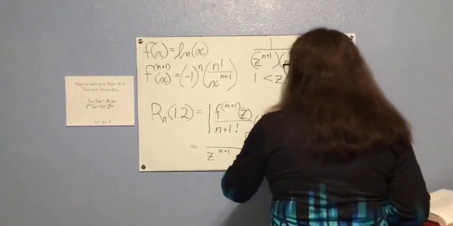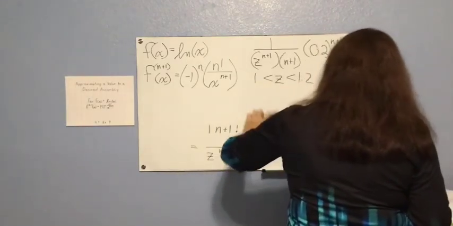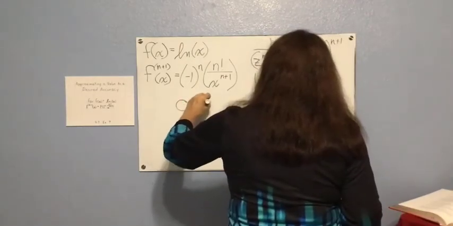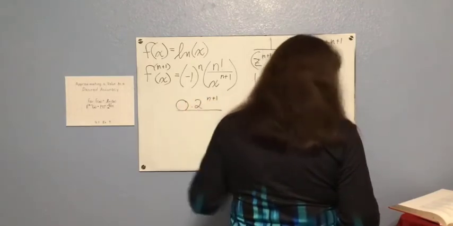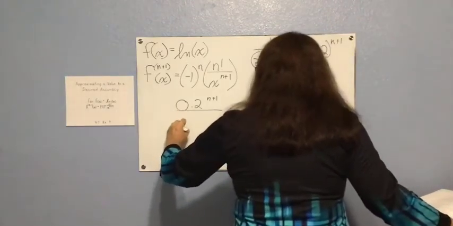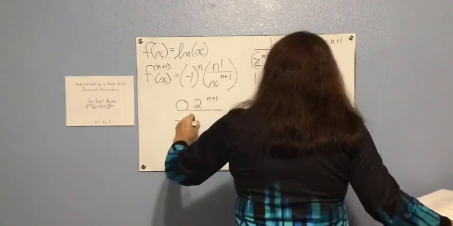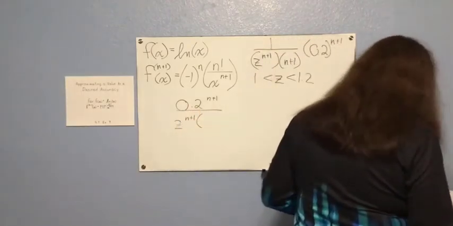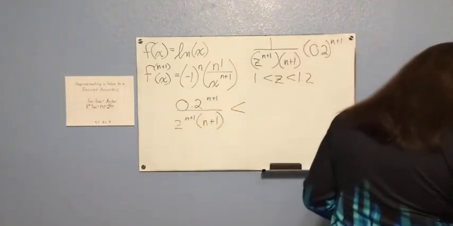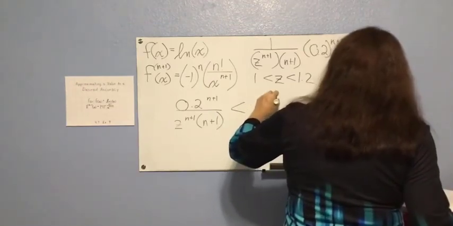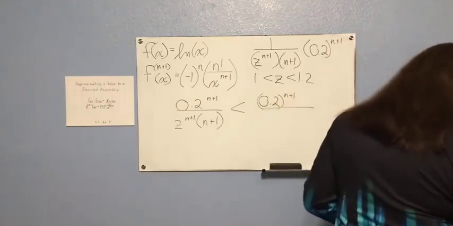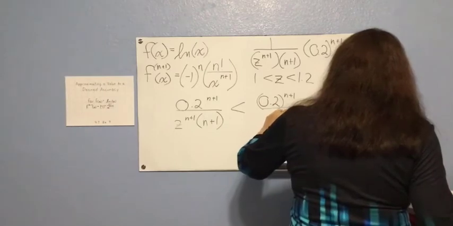Okay. In this particular interval, from 1 to 1.2, 0.2 to the n plus 1 over z to the n plus 1 times n plus 1 is less than 0.2 to the n plus 1 over just n plus 1.